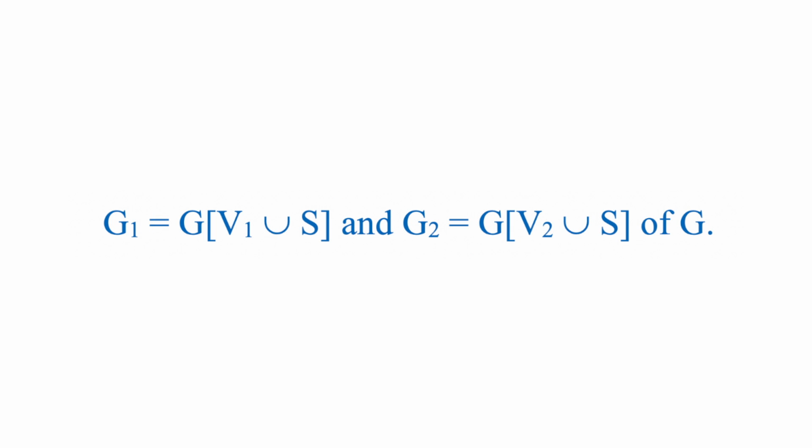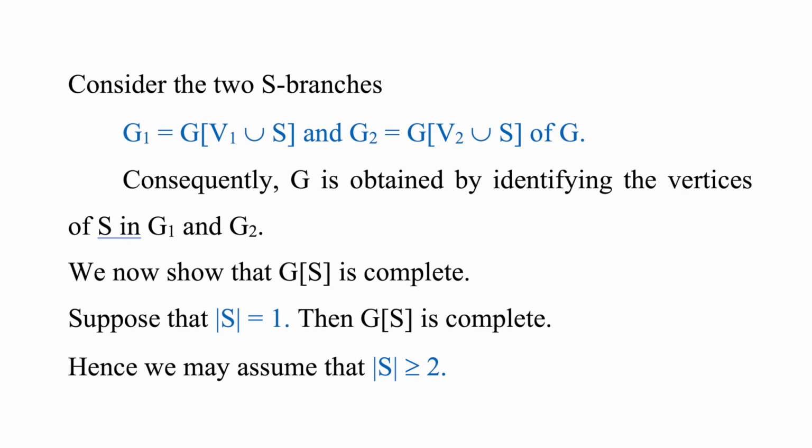Consider the two S-branches. G1 is equal to G of V1 union S and G2 is equal to G of V2 union S of G. These are two S-branches. Consequently, G is obtained by identifying the vertices of S in G1 and G2.